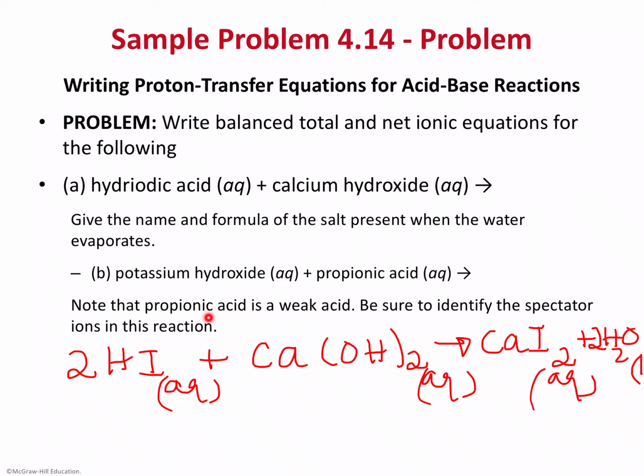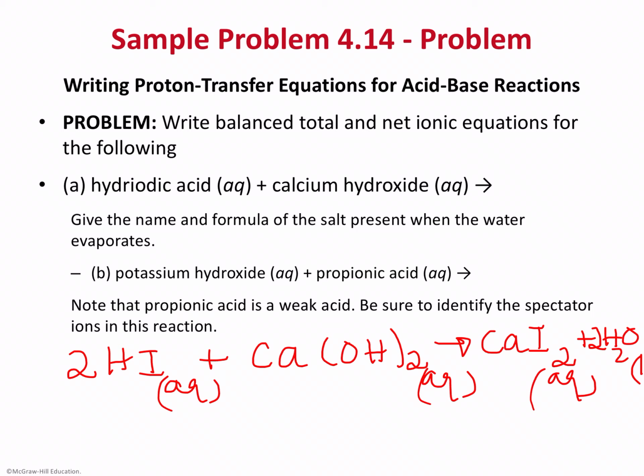Remember the strong acids? They are hydrochloric acid, hydrobromic acid, hydroiodic acid, sulfuric acid, nitric acid, and perchloric acid. So this is not one of those, so you know this has to be a weak acid.